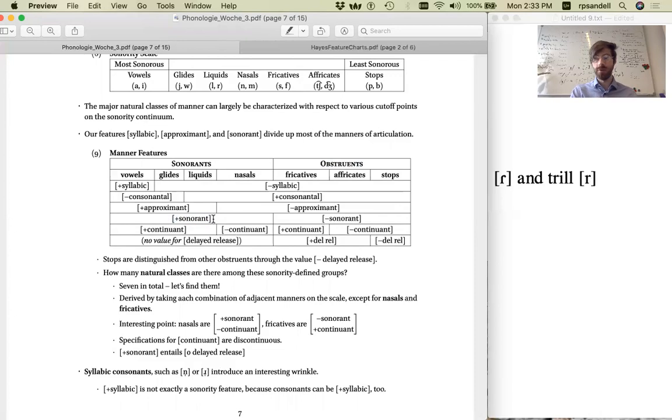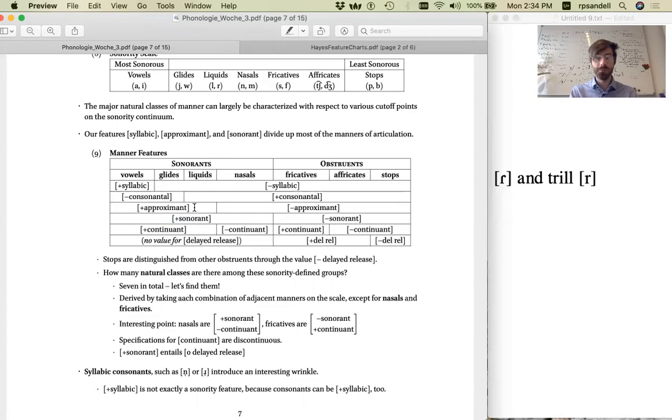So that's a typical distinction to find in a lot of languages between sonorants and non-sonorants. So you can see this division, plus sonorant versus minus sonorant, divides up the sonorants and the obstruents. And sometimes we'll use these two terms to group together these sets of manners of articulation.